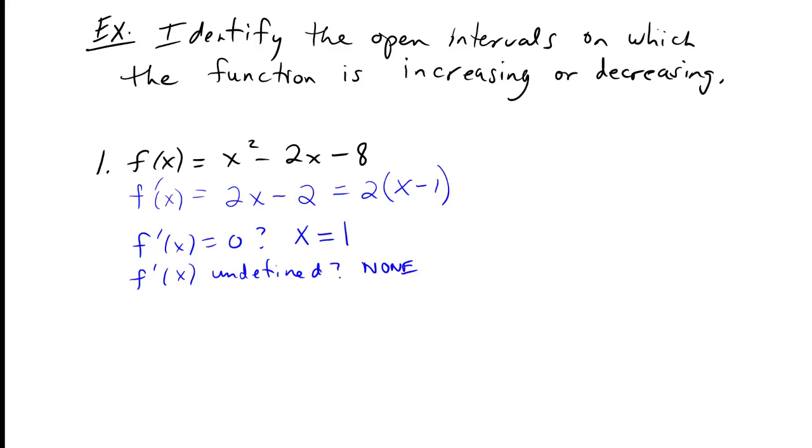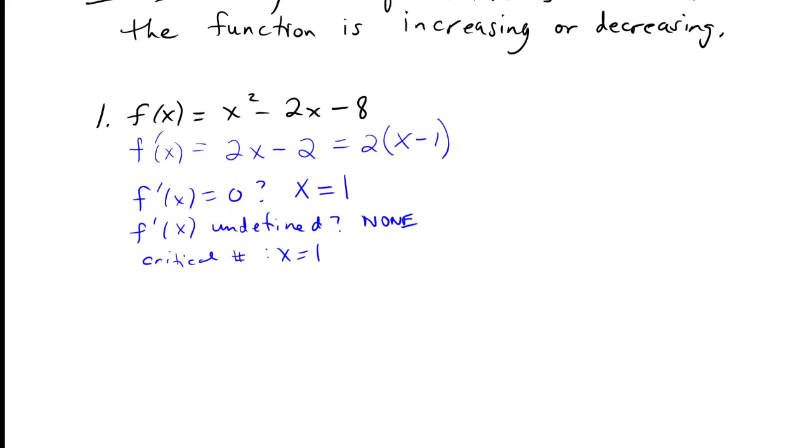And there are no places where the derivative is undefined. It's a nice polynomial. So what this has told me is that I have only the critical number x equals 1.